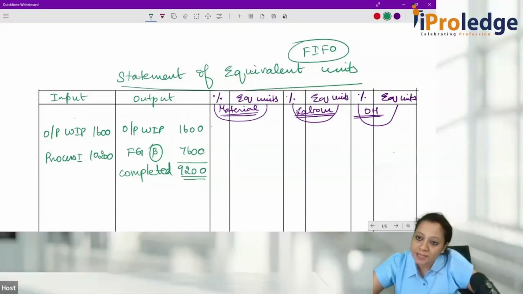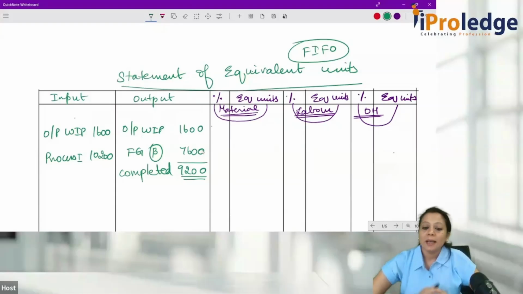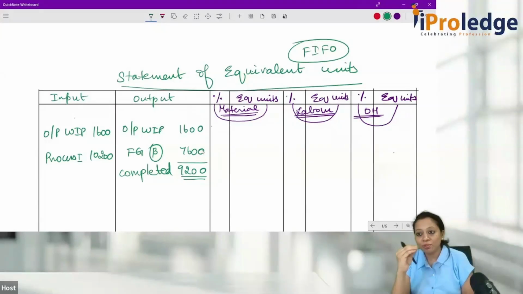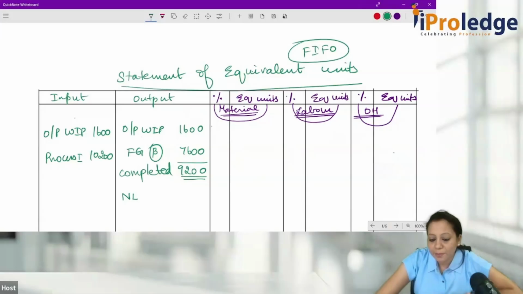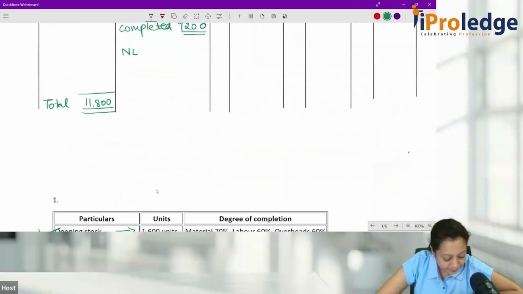So opening WIP, first 1,600 I'm using. Balancing figure will be FG, that is completed in the current process. Actually, we would write normal loss, but many students are getting confused. So you all remember we pushed normal loss below this total, so that you're not getting confused there. Okay. So now coming to speak about normal loss. Now, how are we supposed to do this?